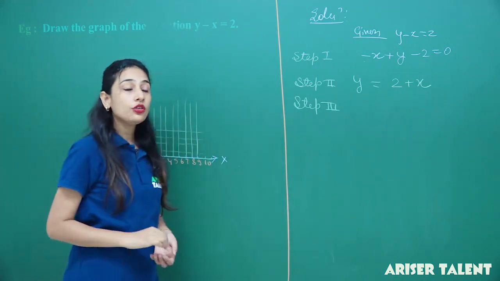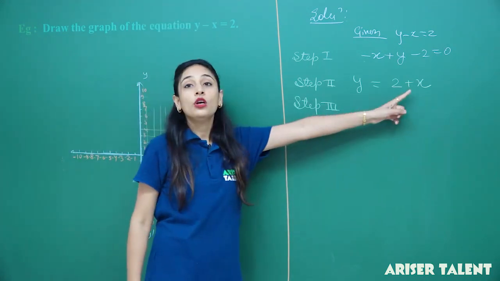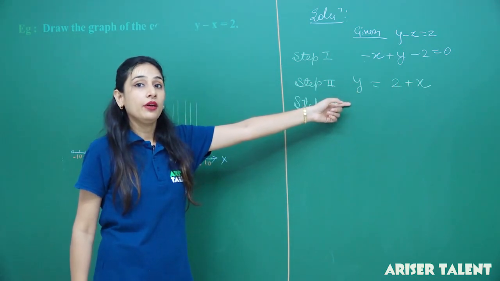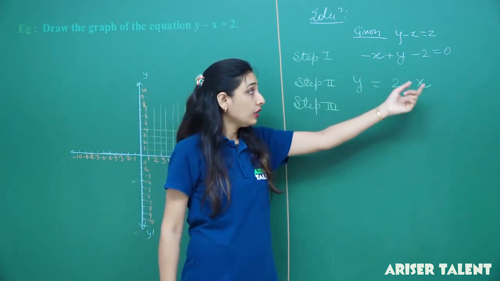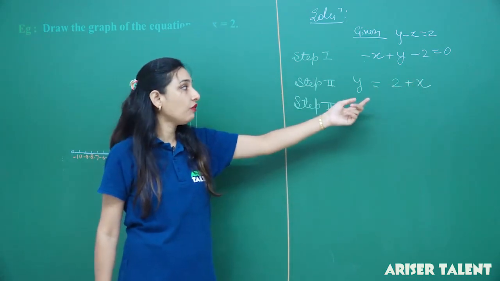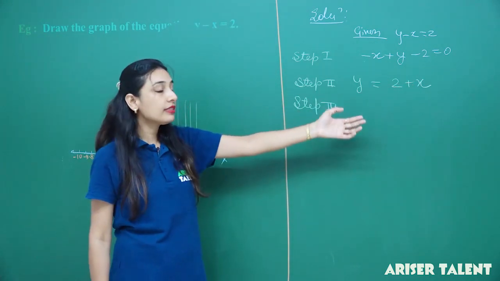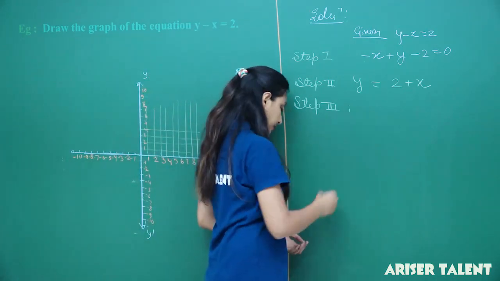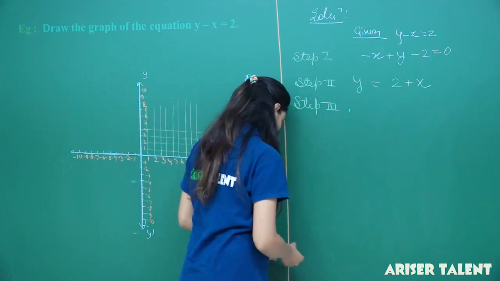Step 3 is you have to put the values of x such that you'll be finding the value of y. Okay, how? In what manner? That the value of x will be an integer and the value of y will be an integer. So let's start with 0.